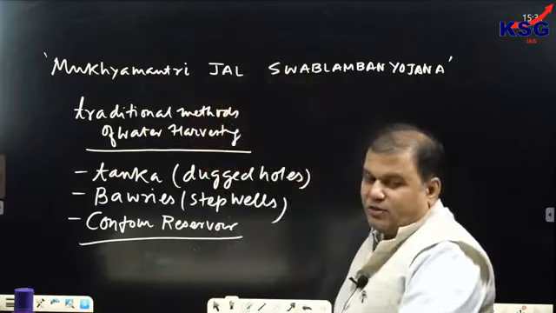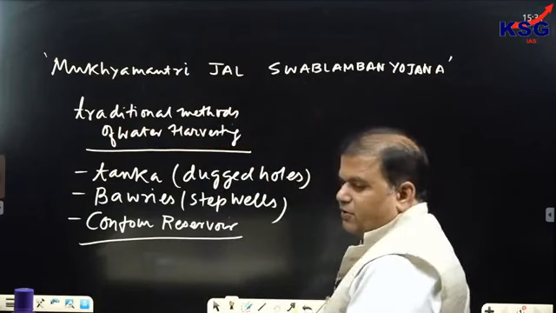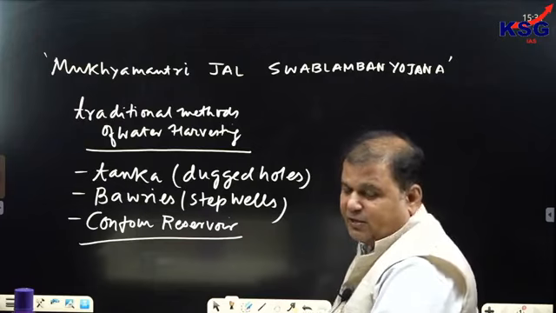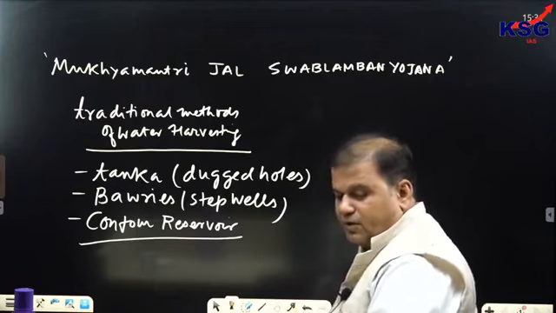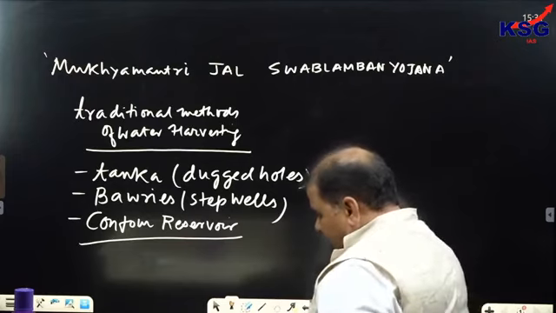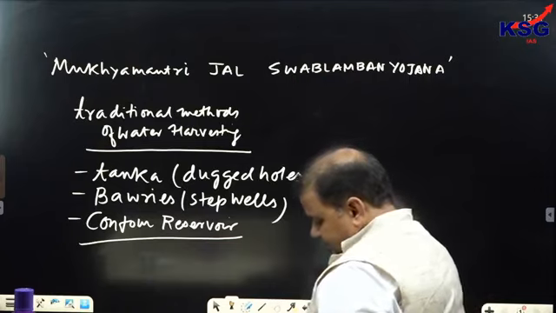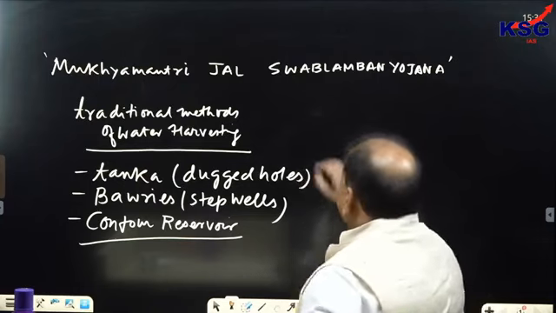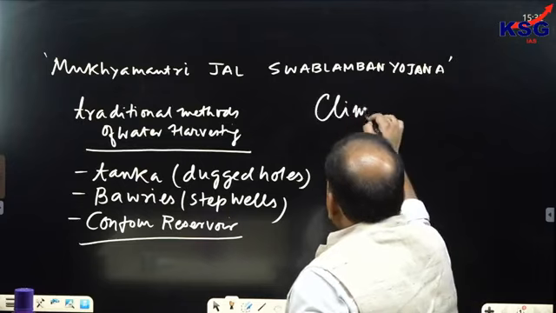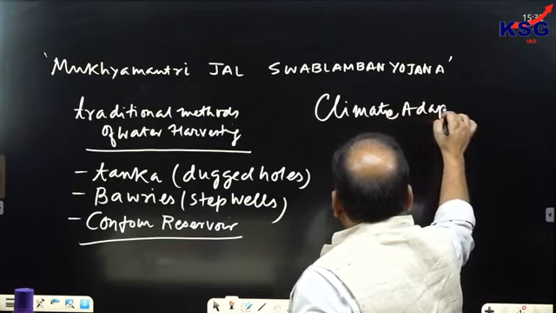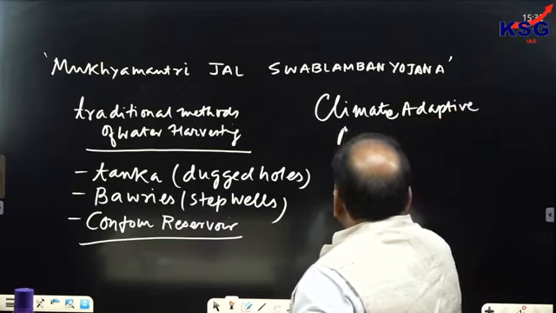And we can see not only this was done. The Maharashtra government launched climate adaptive agriculture or climate smart agriculture for this purpose. The government of Maharashtra for this purpose launched the climate adaptive agriculture.